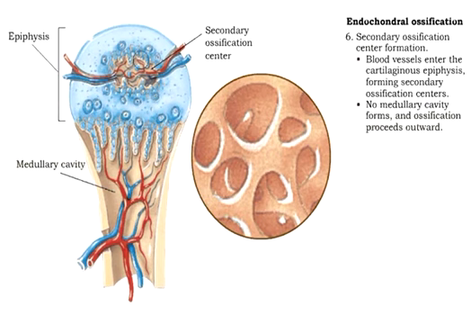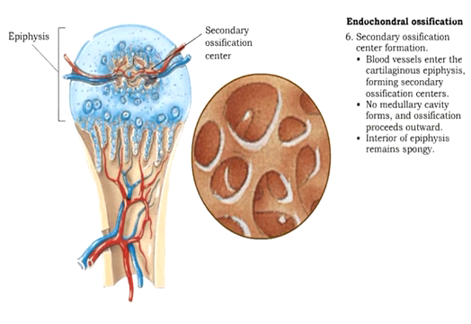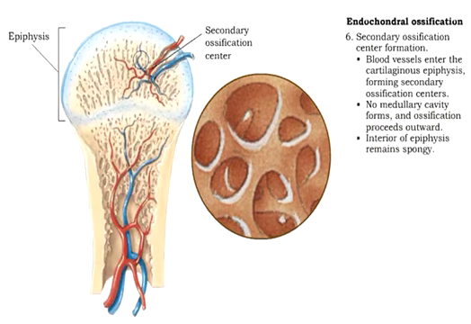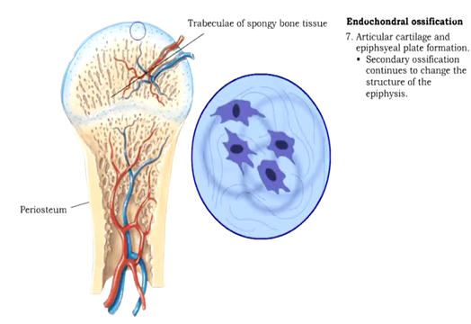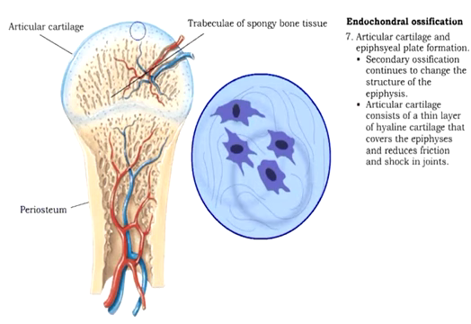As a result, the interior of the epiphysis remains spongy. Secondary ossification leaves a thin layer of hyaline cartilage covering the epiphyses. This is known as articular cartilage, and it reduces the friction and shock in bone joints.